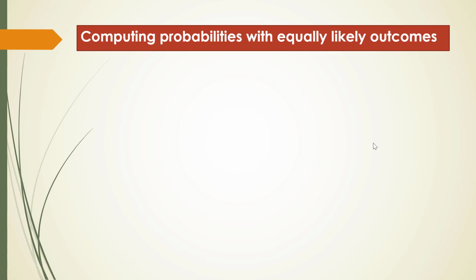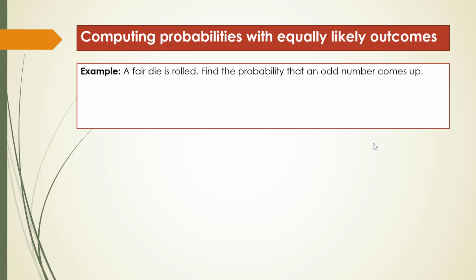Now I'm going to show you how to compute probabilities with equally likely outcomes. Let's consider when a fair die is rolled. Find the probability that an odd number comes up. Here the keyword is fair. A fair die means the probability of getting any number among the 6 numbers 1, 2, 3, 4, 5, 6 should be the same.